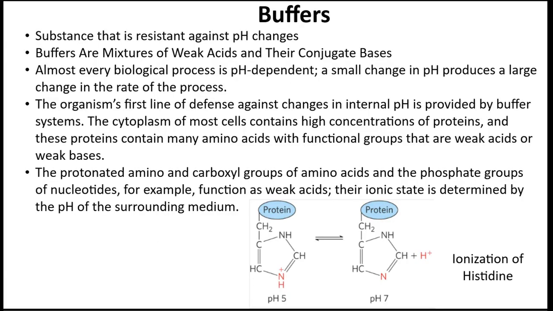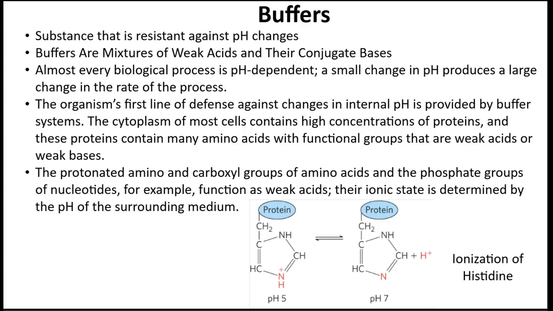As far as buffers, that is the second part of this lecture. It's very brief. What is a buffer's job? A buffer's job is to resist pH changes. Buffers are a mix of weak acids and their conjugate bases.